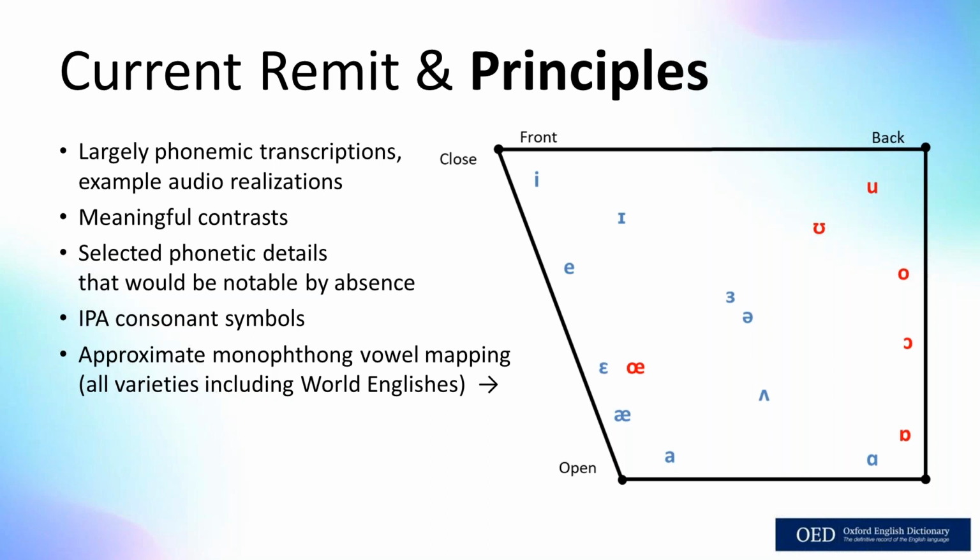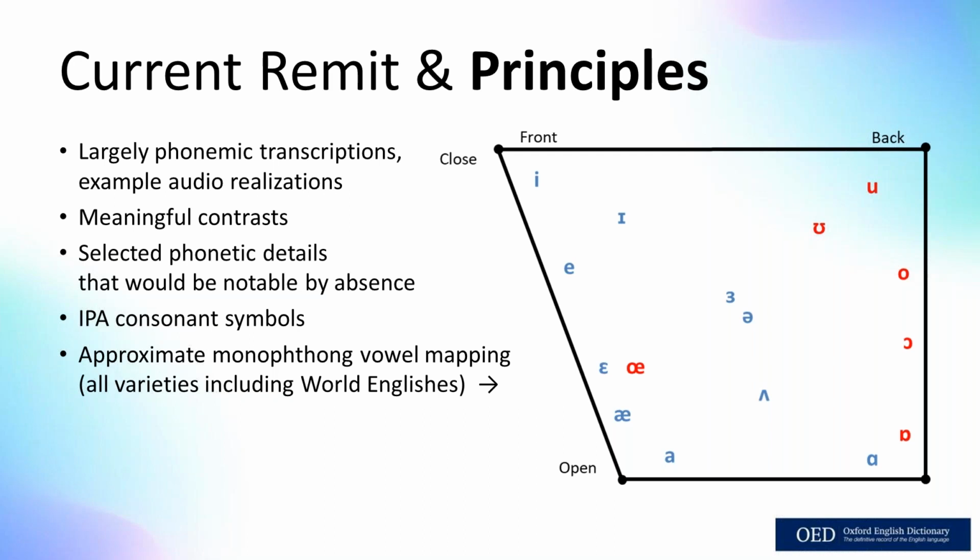I say these are largely phonemic transcriptions because we do reflect some phonetic details that would be notable by their absence. For example, the tapped flapped T in US English. And features such as yod coalescence could be implied by rule, but we give both coalesced and non-coalesced forms, as with the tune example.